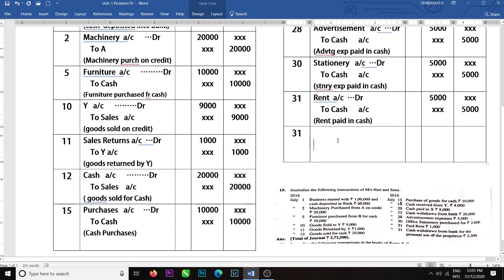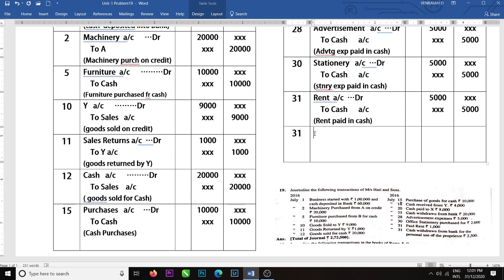Next: cash withdrawn from bank for the personal use of the proprietor. Whenever you find personal use, you can directly write the word drawings. Drawings means used for personal purposes. Look at the 25th date: cash withdrawn from bank for office use.